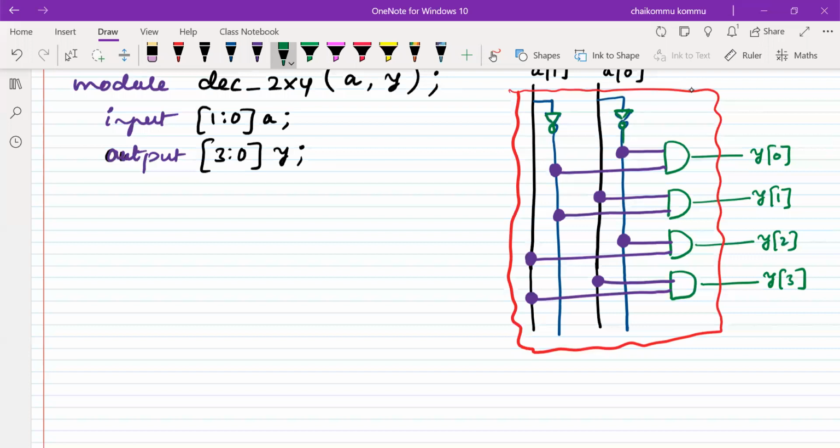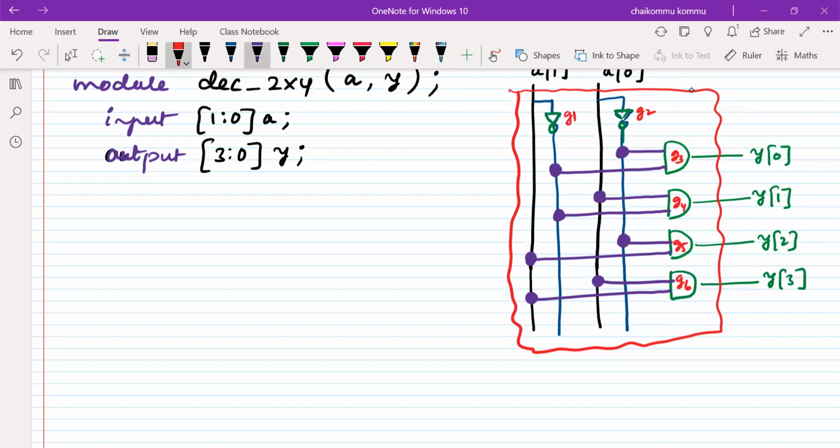These gates I need to instantiate. Let us name the gates G1, G2, G3, G4, G5, G6.